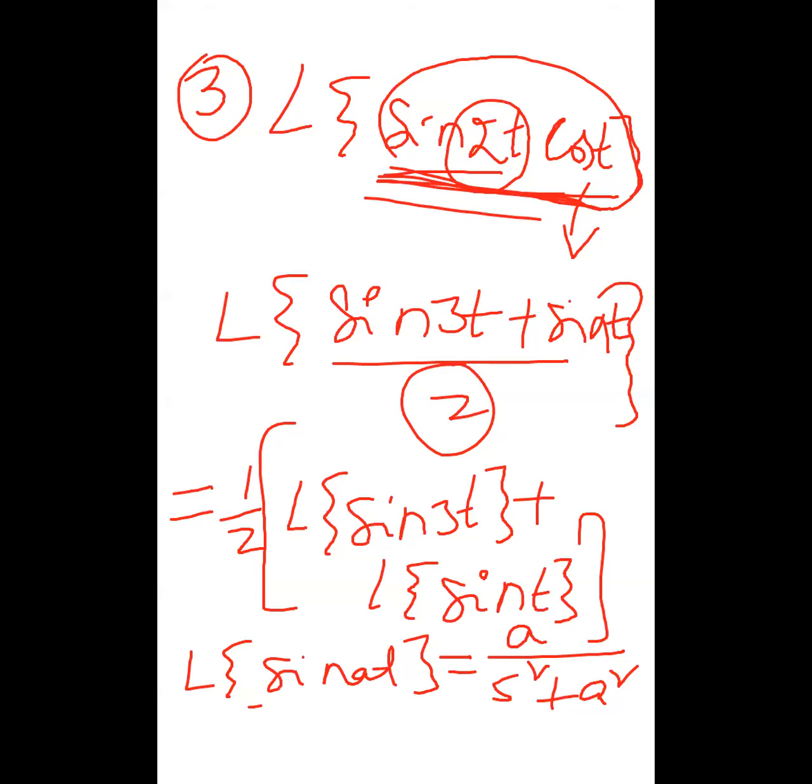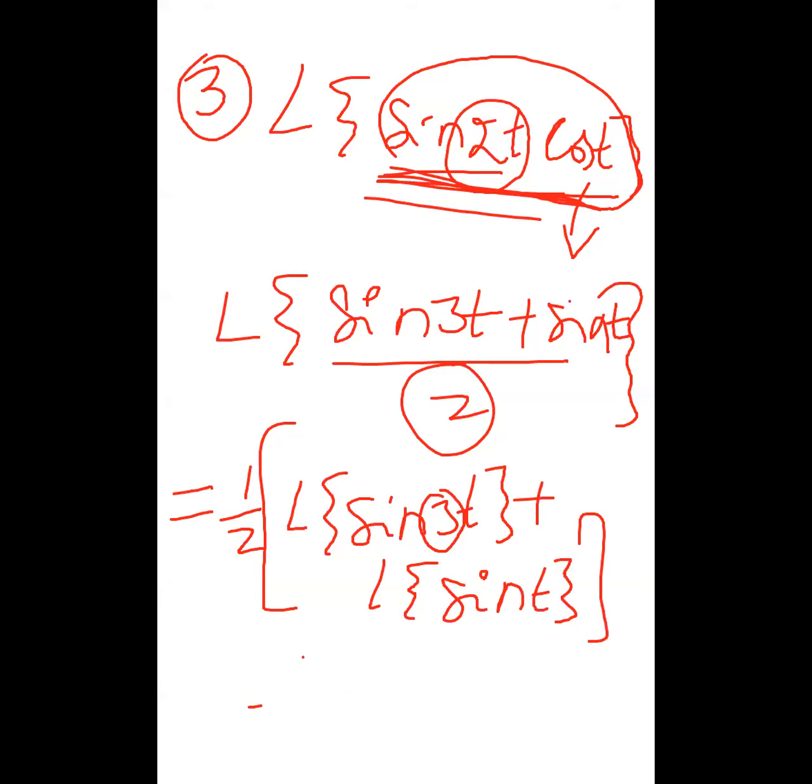In the first Laplace function L of sin 3t, here A equals 3. Applying the formula to the first function, we get 1 by 2 into L of sin 3t equals 3 by S square plus 3 square.